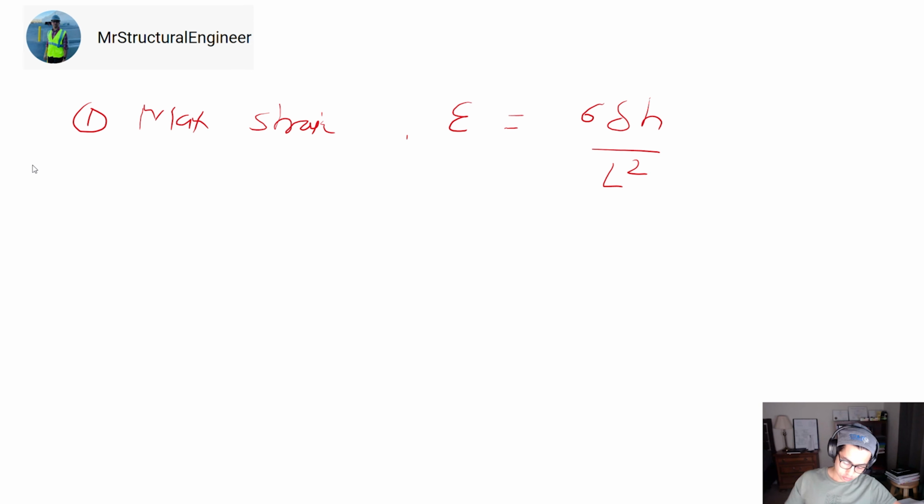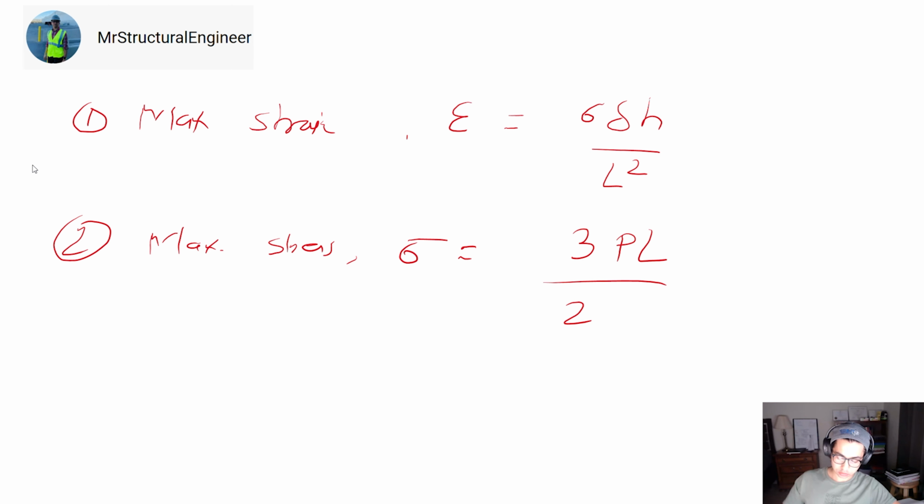My next goal is to determine maximum flexural stress. And flexural stress for the procedure of the 3-point bending test can be determined using the formula 3PL over 2BH squared.